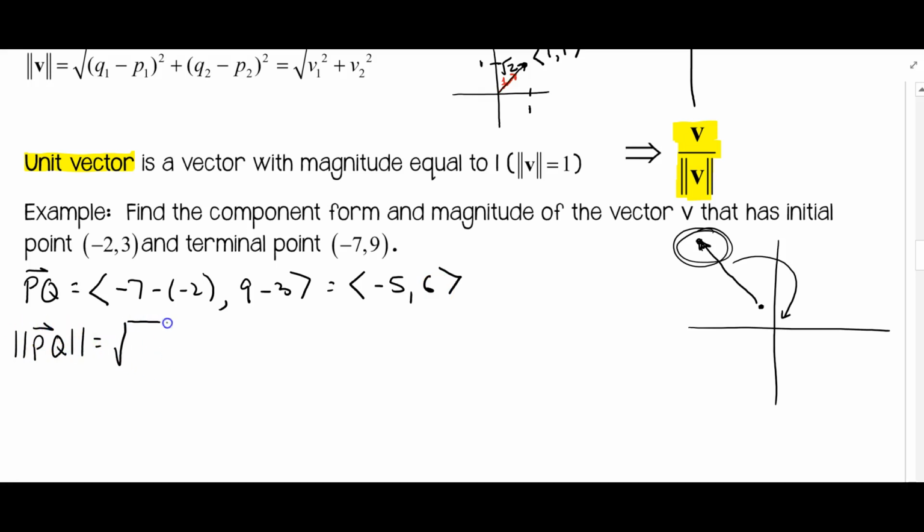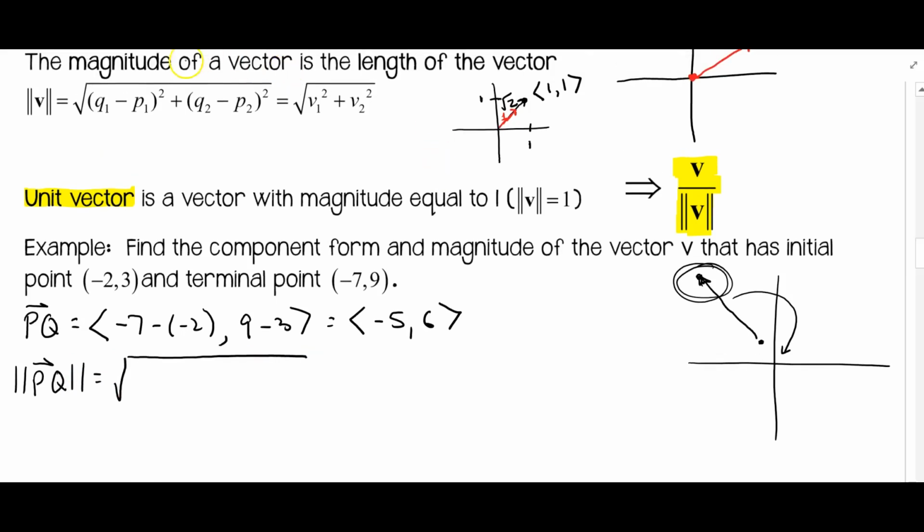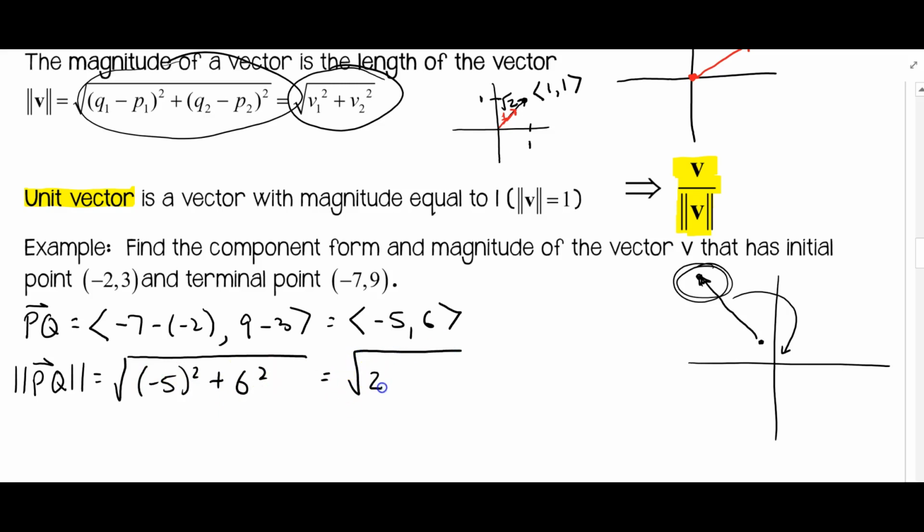We could find the magnitude using the formula up here, but since we already have it in component form, we just need to do the Pythagorean theorem like we did towards the beginning. So that's going to be -5 squared plus 6 squared. So that's the square root of 25 plus 36, or the square root of 61.